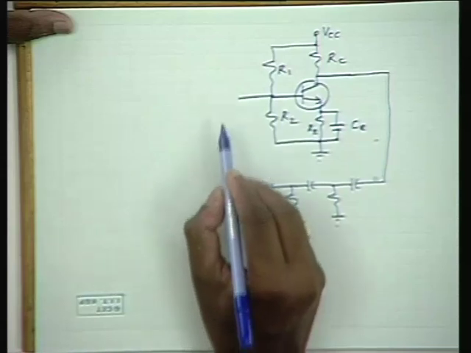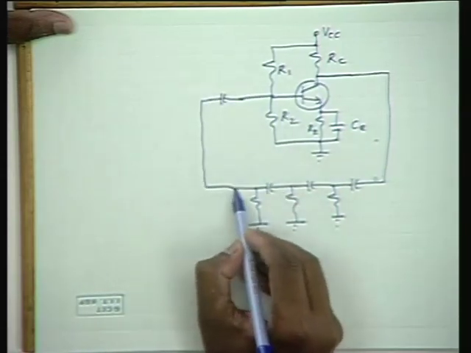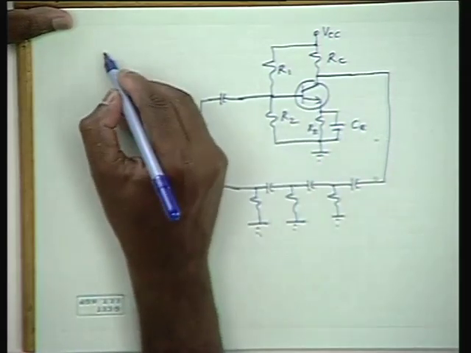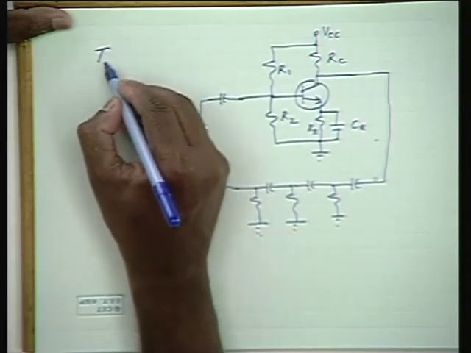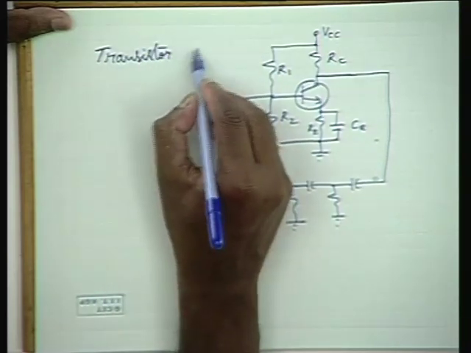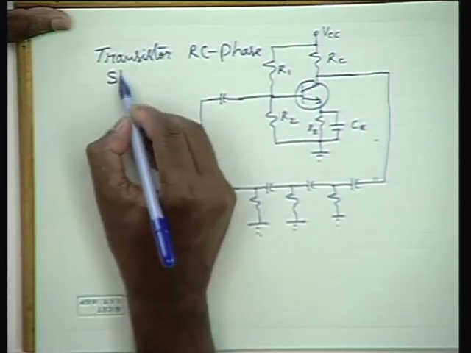And here we need a blocking capacitor. So, this is an example for a transistor phase shift oscillator. Transistor RC phase shift oscillator.